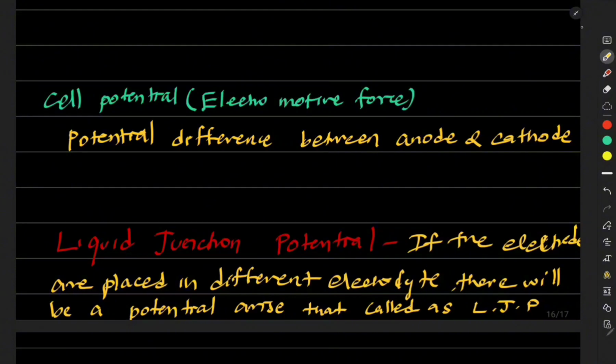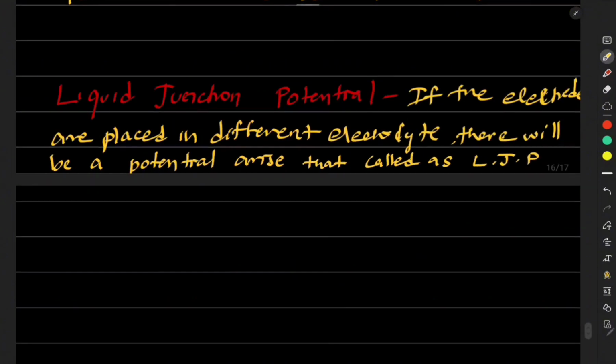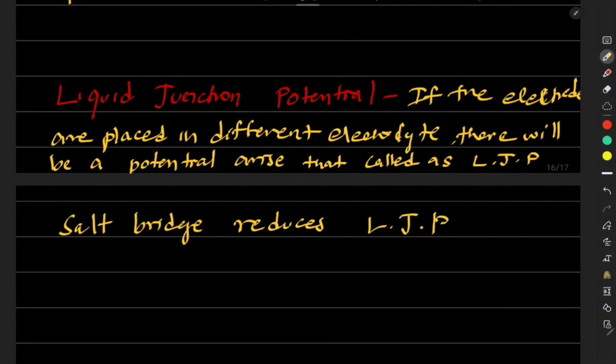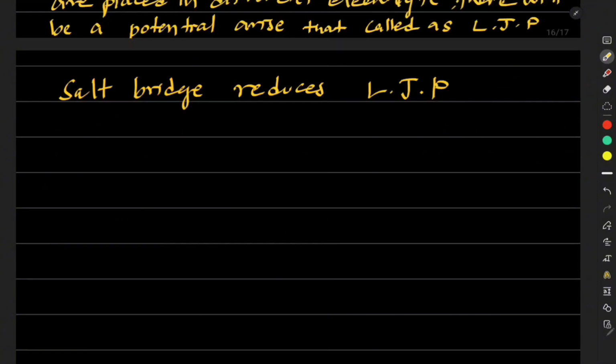The salt bridge contains KNO3 and KCl. The salt bridge reduces liquid junction potential.